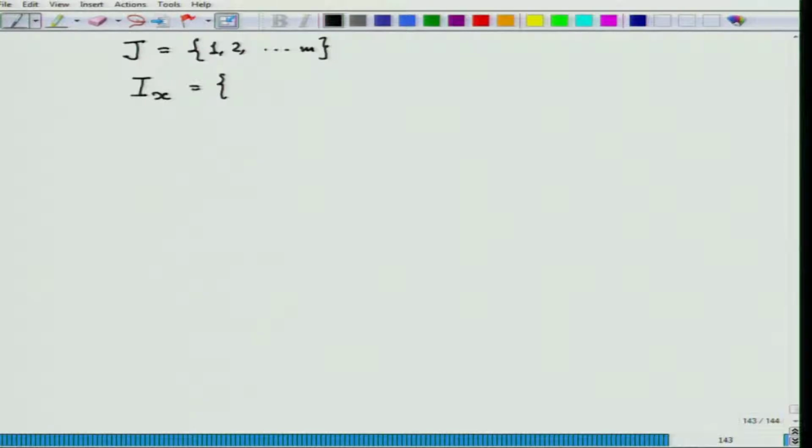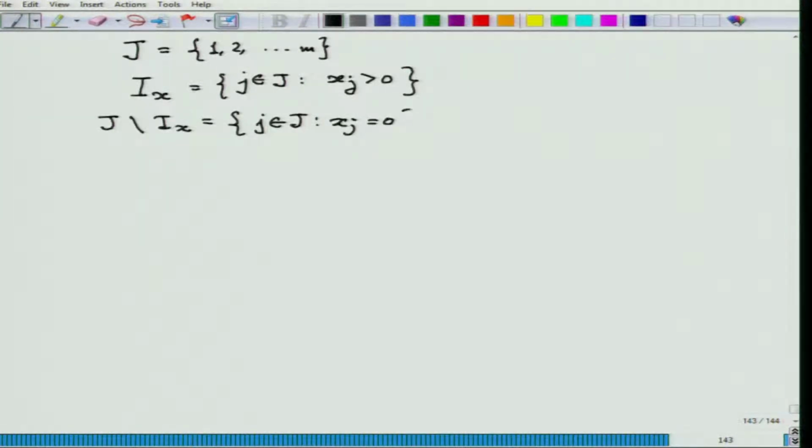Here it is not exactly the active index set; it is essentially some sort of inactive index set which would be important for some time. And J set minus I x would consist of all j in J such that x of j is equal to 0. So, for a fixed x we are just collecting indexes, these are index sets.